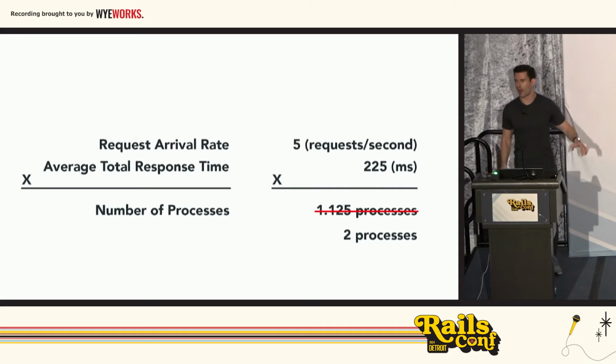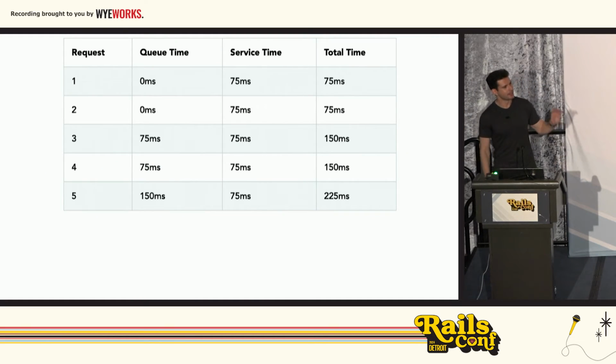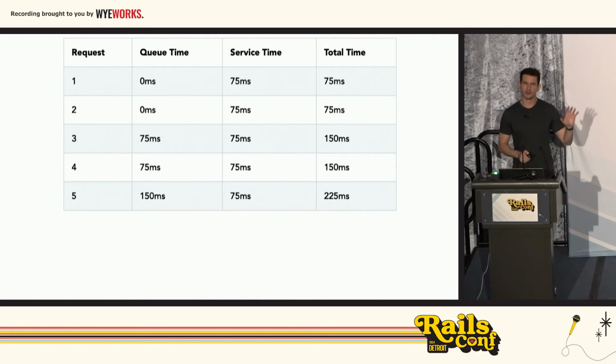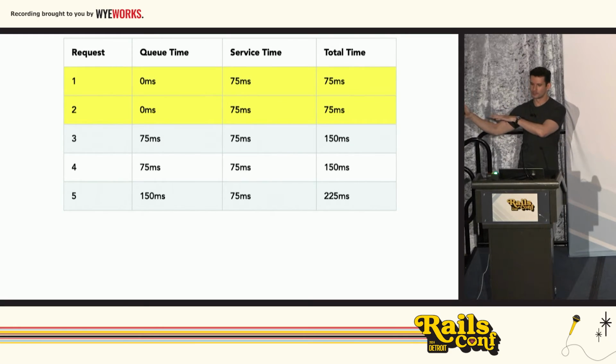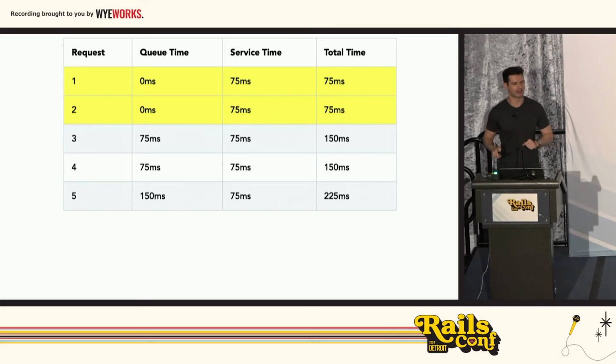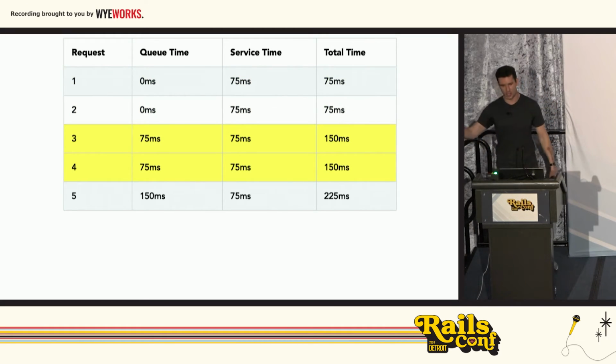So to manage our traffic here, we'd want to bring in a second process to work on requests. Moving back to our traffic pattern, now with 2 processes available, 2 requests can be picked up right away with no wait time in the queue. Each one can be serviced in 75 milliseconds, and then the next 2 requests can be picked up, and so on and so on.